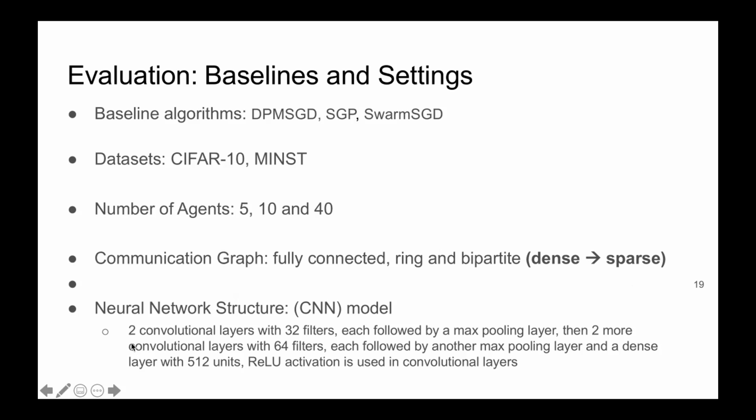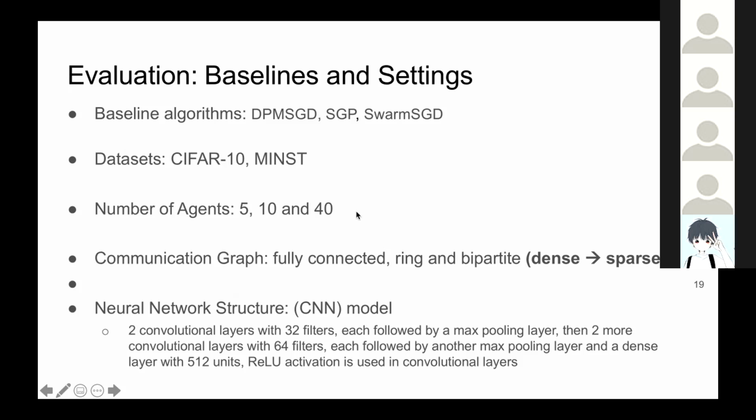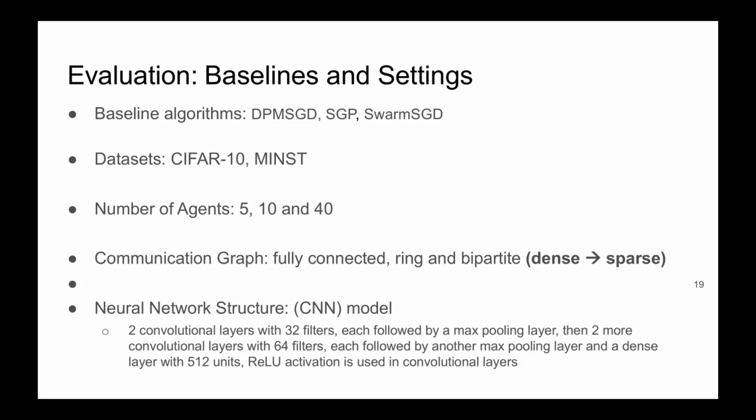And they consider a neural network model with a specific structure here. They also try VGG and others on CIFAR-10, but I don't show that here; they show it in the appendix. I only introduce their result on the CNN model with CIFAR-10 here.